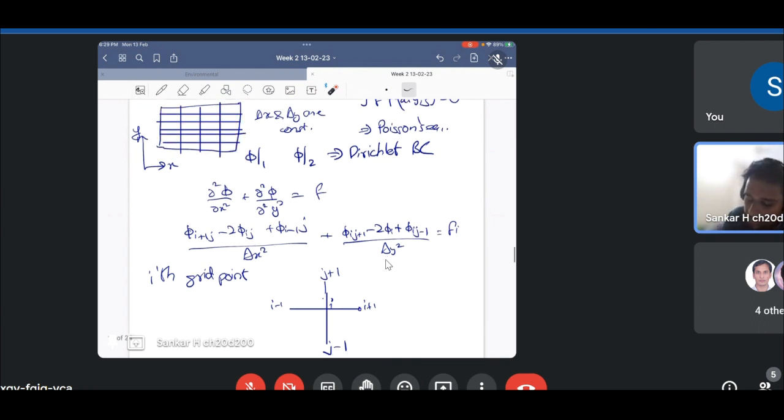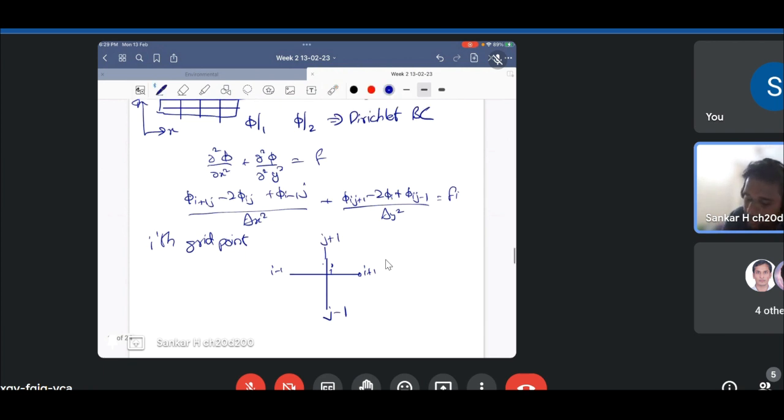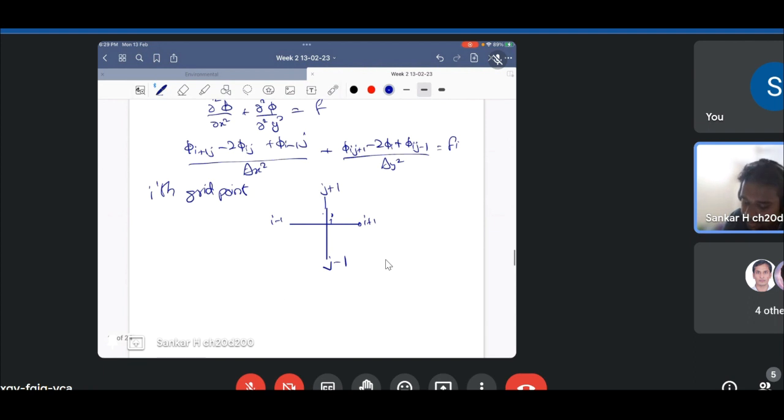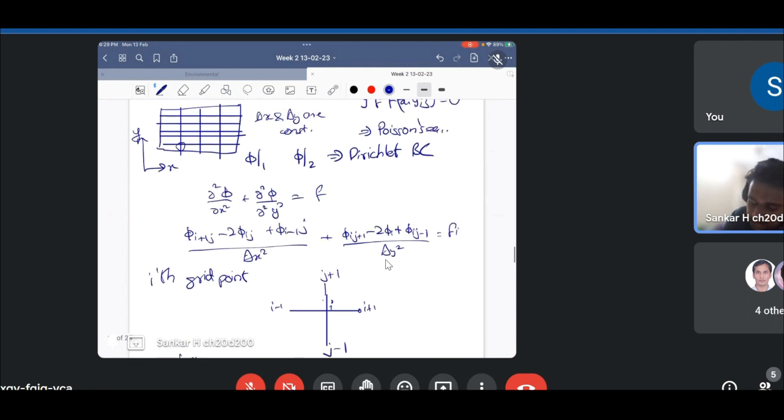So therefore, when we substitute in each equation, let us assume we are substituting in the first point, we label the points 1 1, 1 2, 1 3, and 2 1, 3 1.